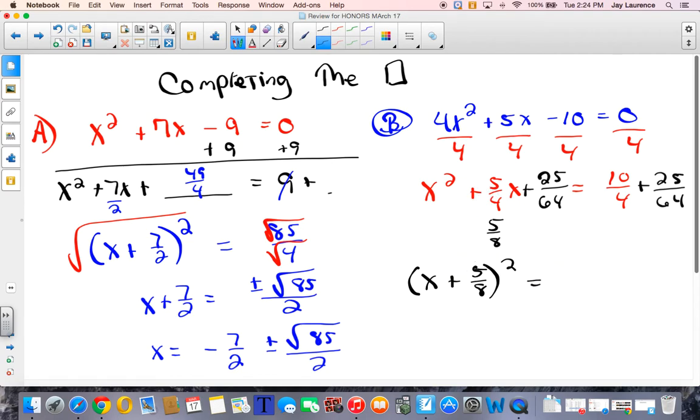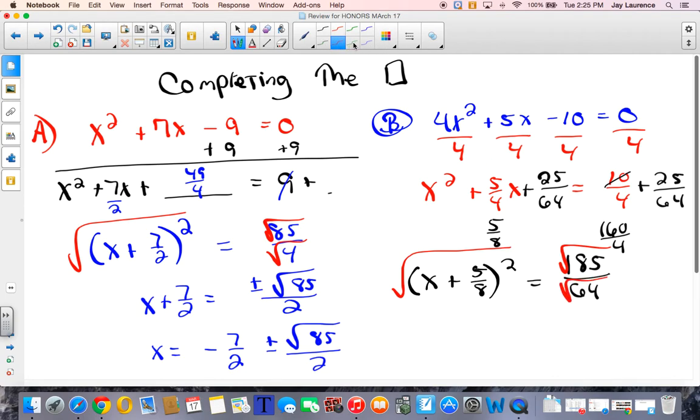All right. Excuse me. Now let's see, 10 fourths times 16 would be 160 fourths. And so my numerator is going to become 185/64. Now I'll take the square root of both sides.